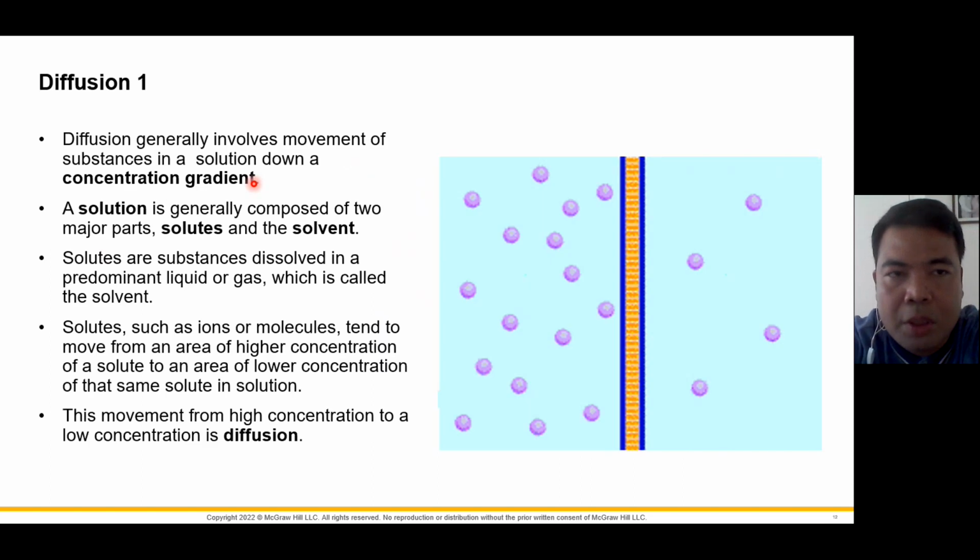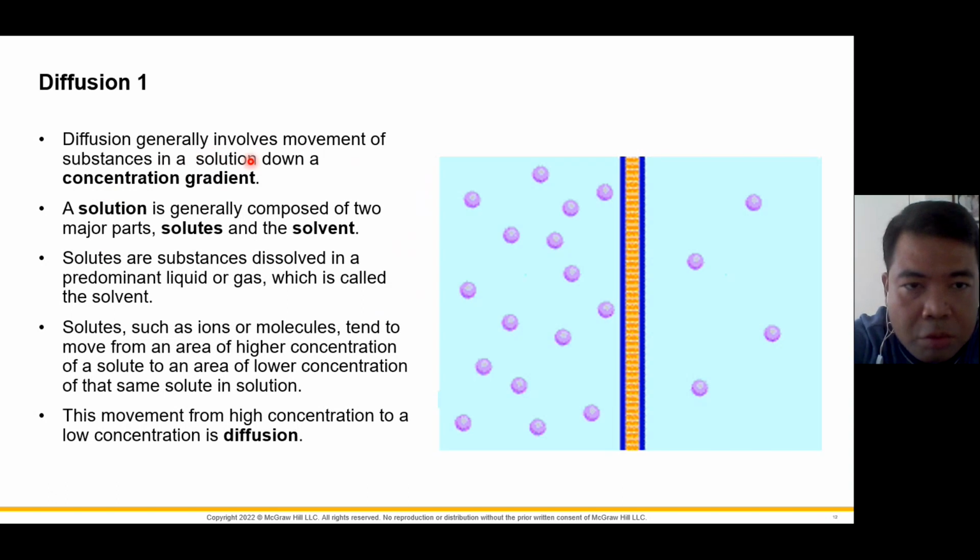So what is diffusion? Diffusion is the movement of substances in a solution down a concentration gradient. There are some terms that need to be defined first. Diffusion involves the movement of substances in a solution down a concentration gradient.